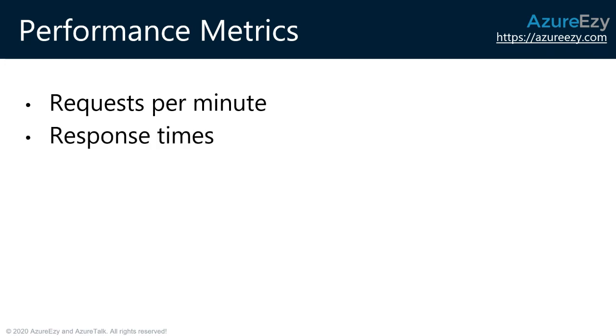Similarly, what should be the response times? When a user requests your application, based on the application type, if the application is responding within 3 seconds, then it's fine. But if it is taking more than 3 seconds, then it is not expected. The user might be frustrated, or maybe this is not what the user asked for.